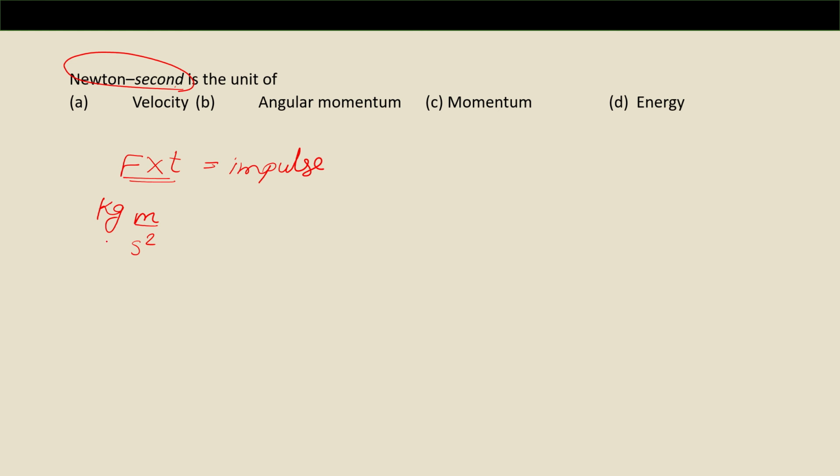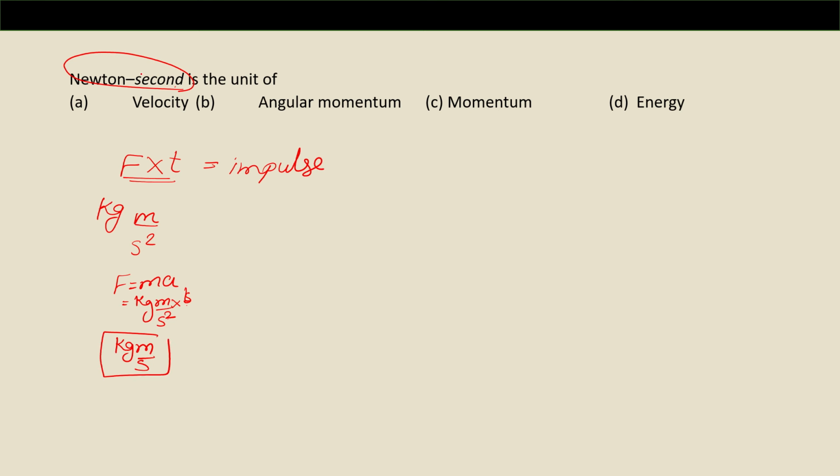See, force is mass into acceleration. So mass is kilogram and acceleration is meter per second square. And we have time multiplied, that is second. So one second will get cancelled. You will get kg meter per second. So we have the dimension of this Newton second.